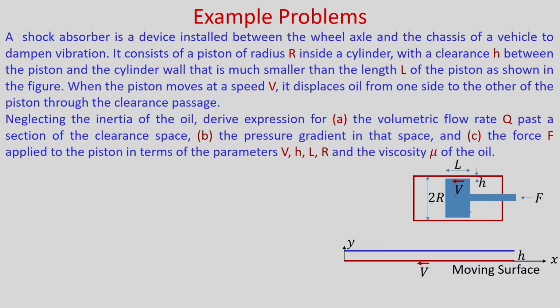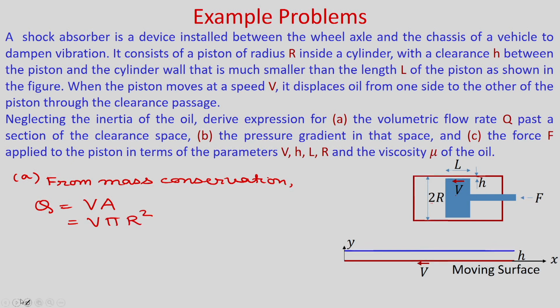Okay. So, from mass conservation, Q will be just V into A. A is the area. So, V into pi r square.